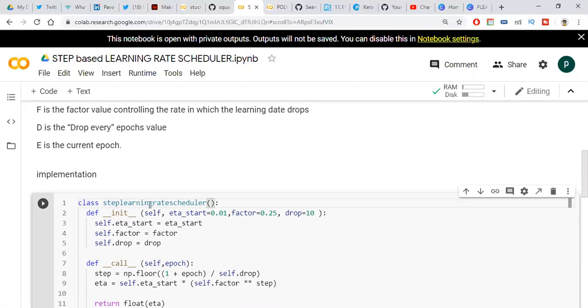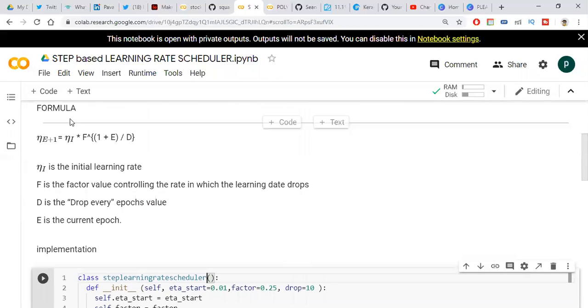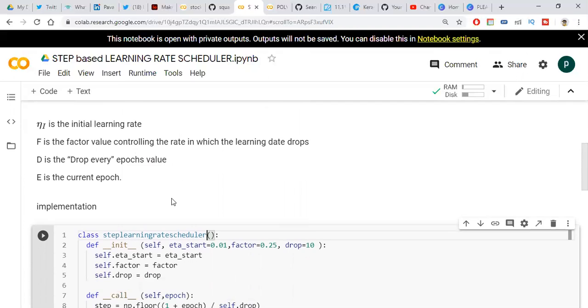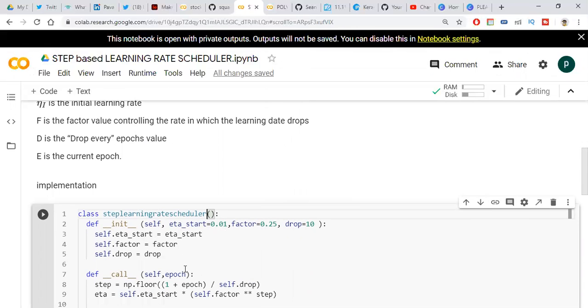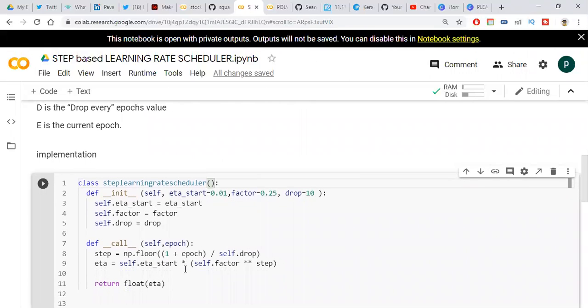In this, I am taking every parameter: eta, f, epoch, and d. The initial learning rate I take as 0.01, the factor as 0.25, and the drop for every 10 epochs, the learning rate will be dropped. So I am creating self.eta_start equal to eta_start, factor equal to factor, drop equal to drop. After initialization, I am calling this function.